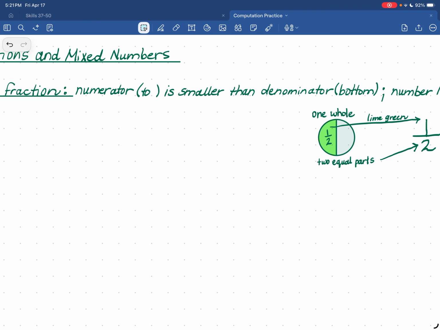Let's draw 6 circles. Well, there's one, and I'm just going to copy that. You can pause the video if you need to, or you can just follow along. Yours do not need to be perfect.